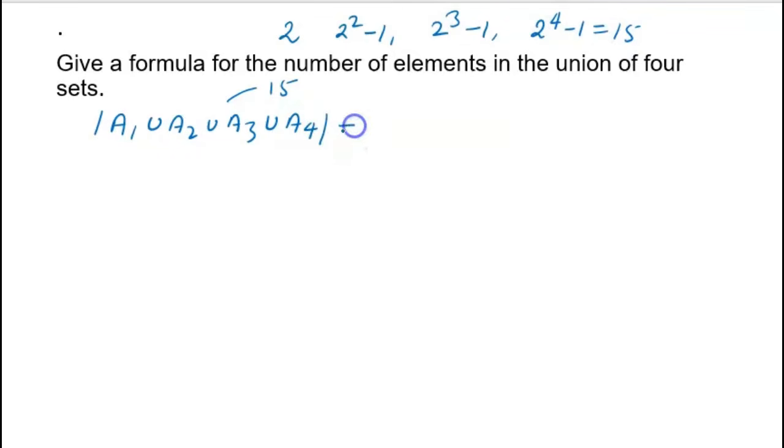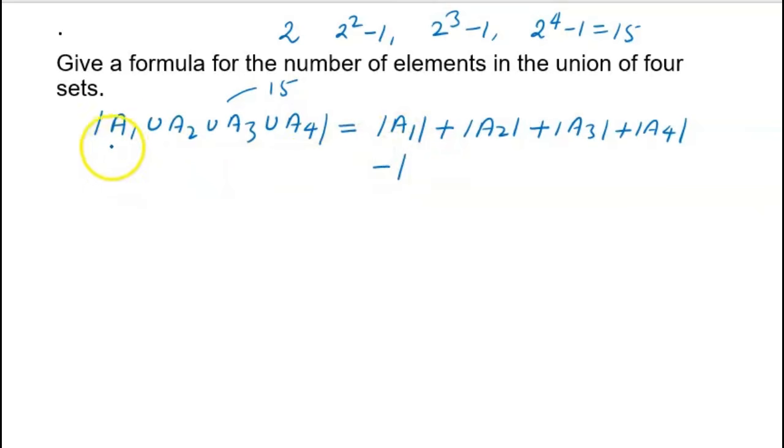So the principle of inclusion and exclusion tells me that first take one set at a time and then take the sum of this. So the number of elements in A1 plus the number of elements in A2 plus A3 plus A4, right? Then we are going to take two of them at a time and we are going to subtract. So I am writing minus. How to take two of them at a time?